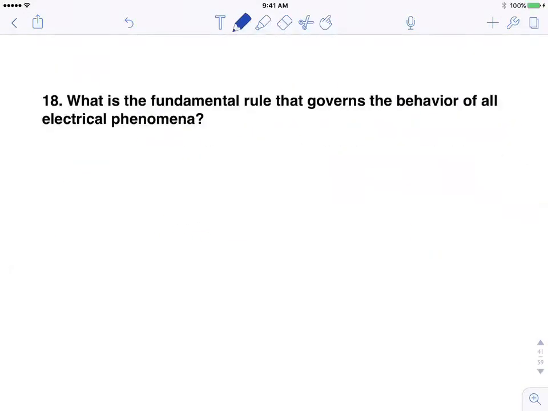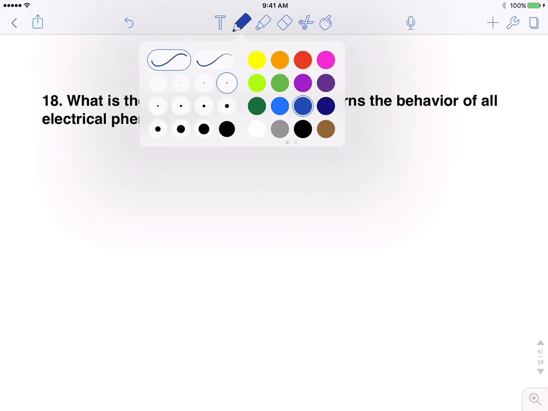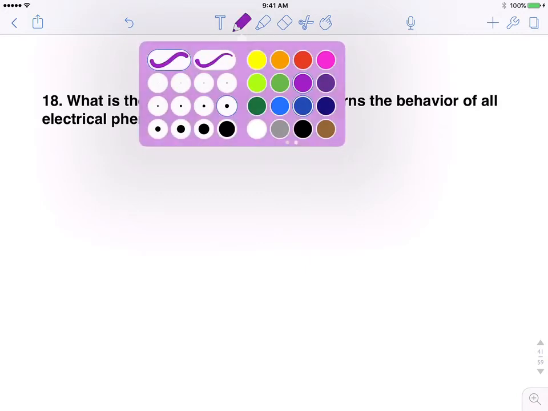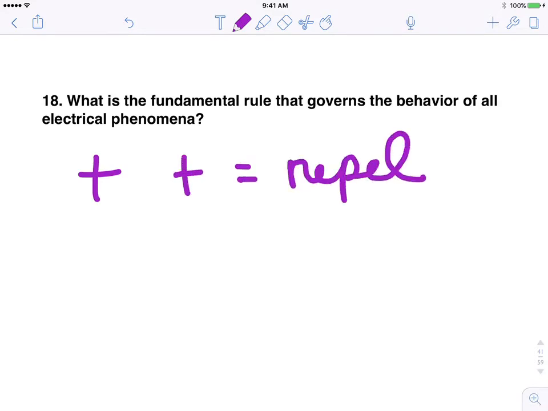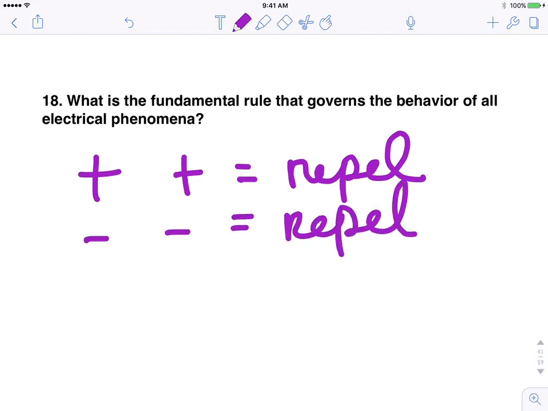All right. Let's go on to the next one. What is the fundamental rule that governs the behavior of all electrical phenomena? Well, this one is easy because this is what we talk about all the time, right? Positives and positives will repel. Negative and negative will repel.